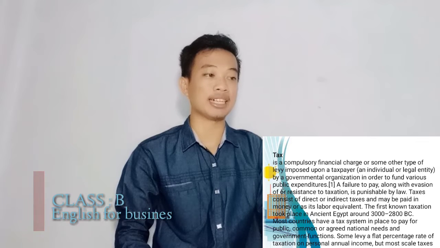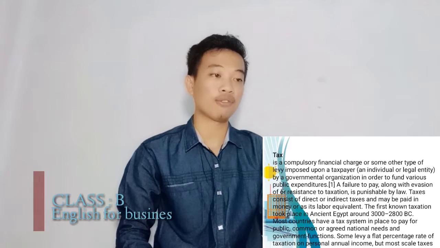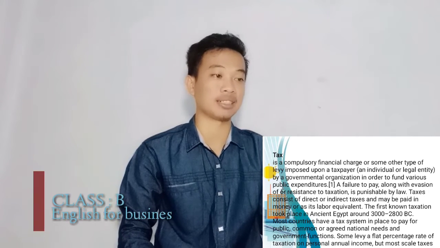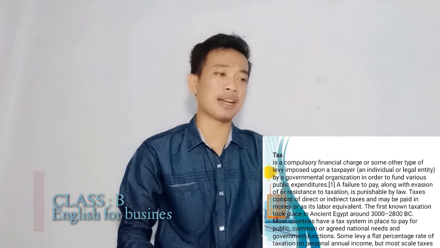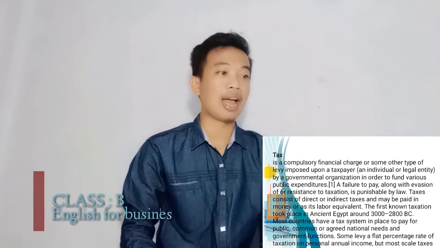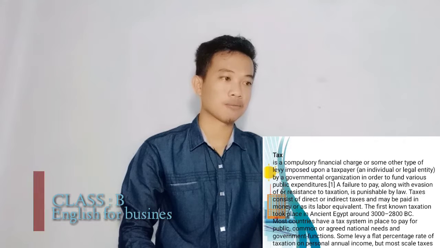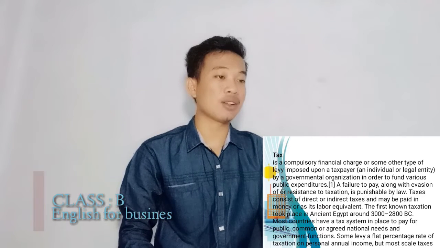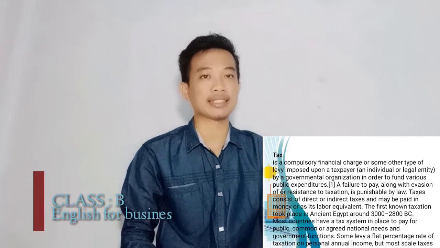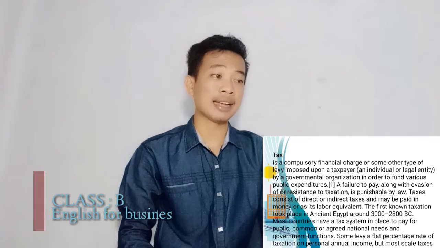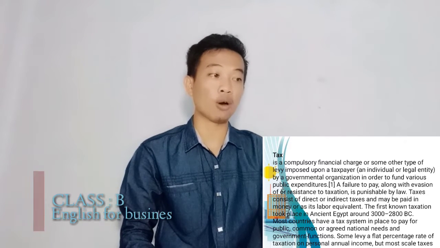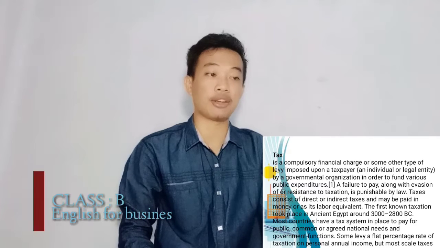A failure to pay, along with evasion of or resistance to taxation, is punishable by law. Taxes consist of direct or indirect taxes and may be paid in money or as its labor equivalent.